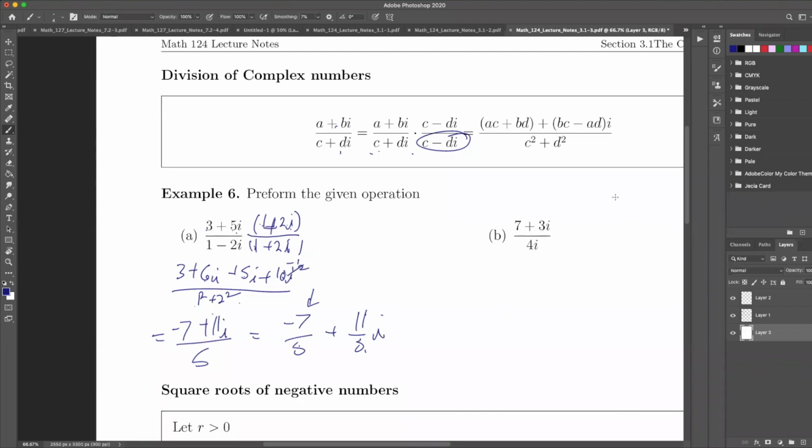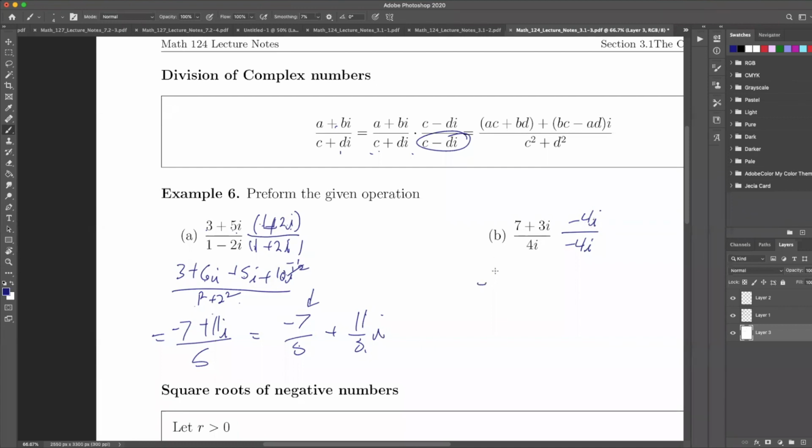For this one, of course, the conjugate here is minus 4i. So we're going to multiply both sides by minus 4i. We just multiply by this conjugate, and since there is no real part, we just negate the imaginary part. So what do I have on top?